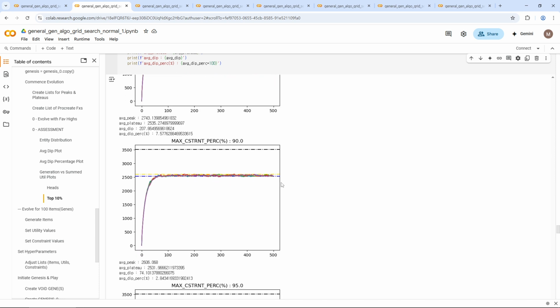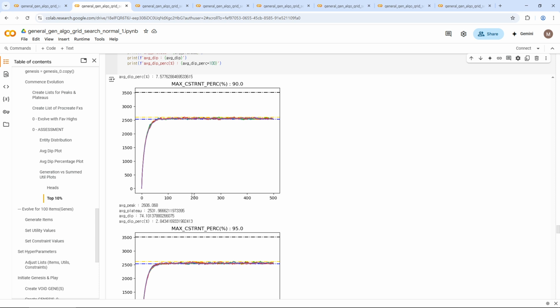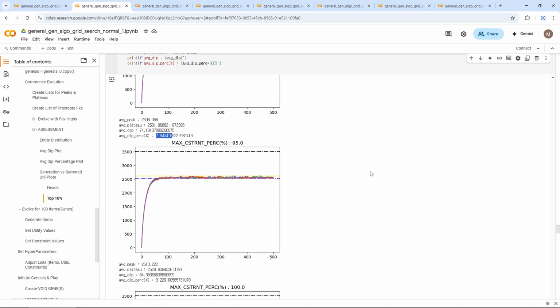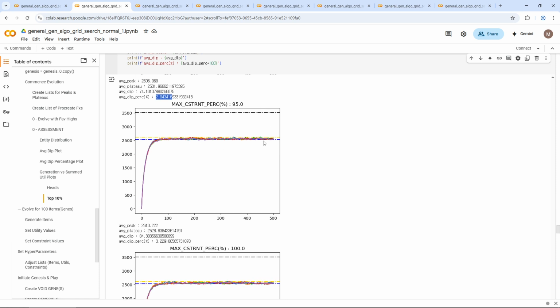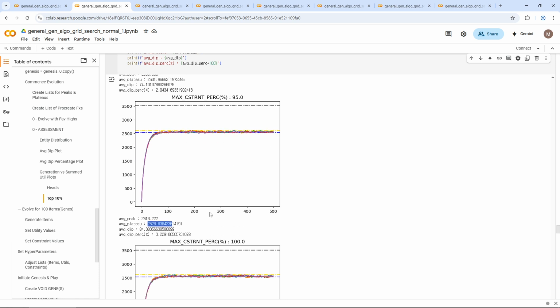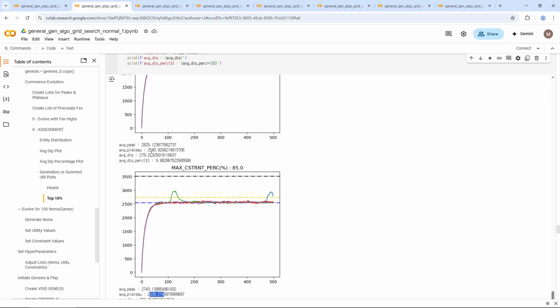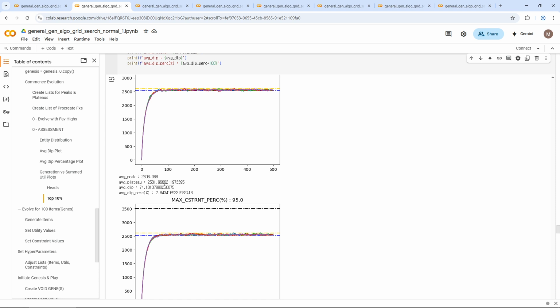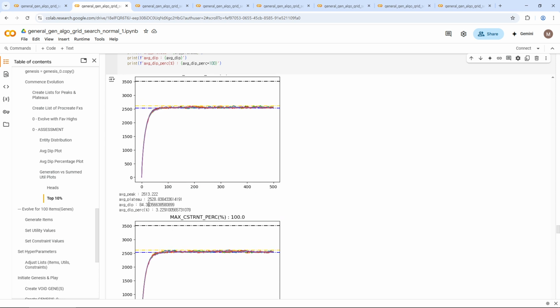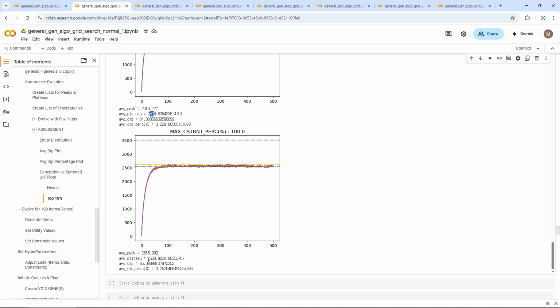And the same phenomenon happens when the maximum constraint percentage is at 90%, and the dip percentage got lower, and at 95, the plateau went down compared to 25.45. Now it's 25.28, and at 100% it's 25.30, the plateau level.